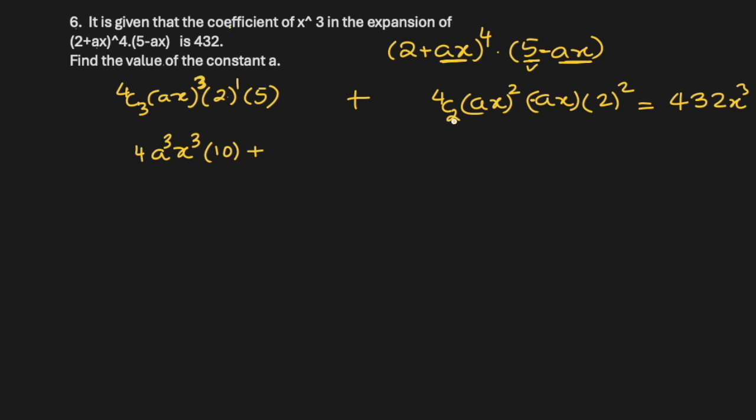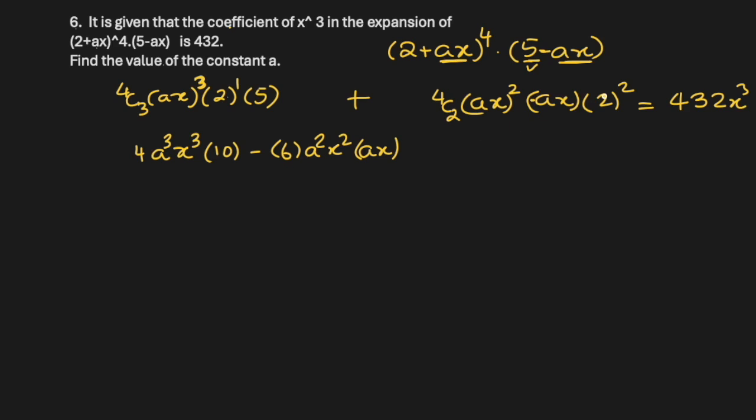Plus 4c2 is 6. Square of ax will be a square x square. And this is minus ax, so I'll multiply with ax again, and let me get rid of this positive. I'll write negative here so that this negative sign is taken care of and I don't forget it.